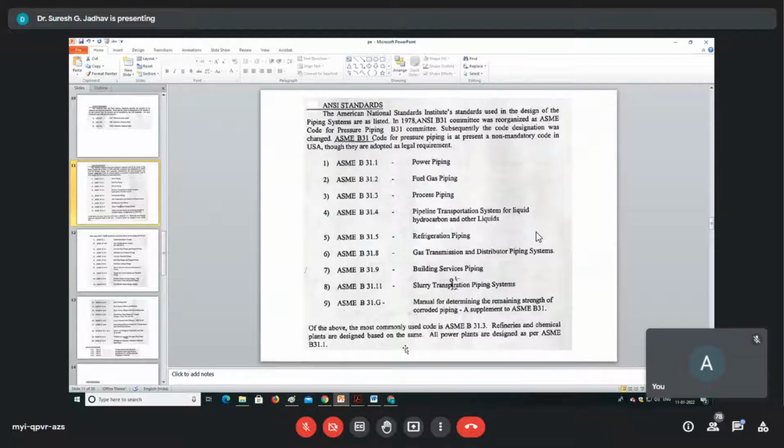All those codes are used in refinery and chemical plant design, based on the standards and codes, and all power plants are designed as per ASME B31.1. So some factors we have to consider for the selection of design codes.